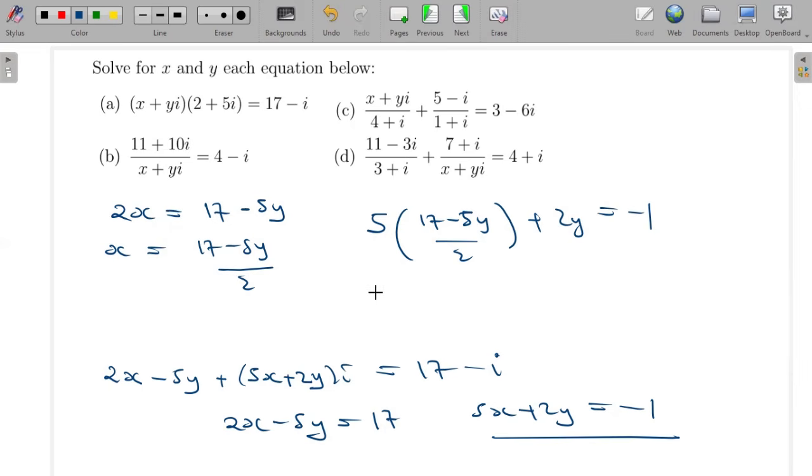Okay, so this then just is going to be, so 5 multiplied by 17 gives you 85. And then you have 5 multiplied by 5, which is 25. And over 2, so 25y over 2, plus 2y is equal to negative 1. Okay, multiply by 2 throughout.